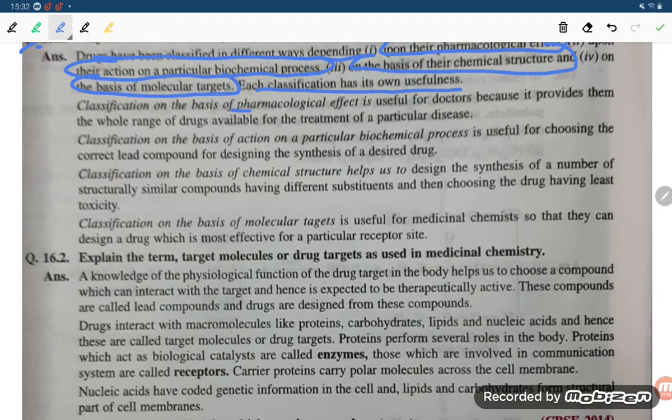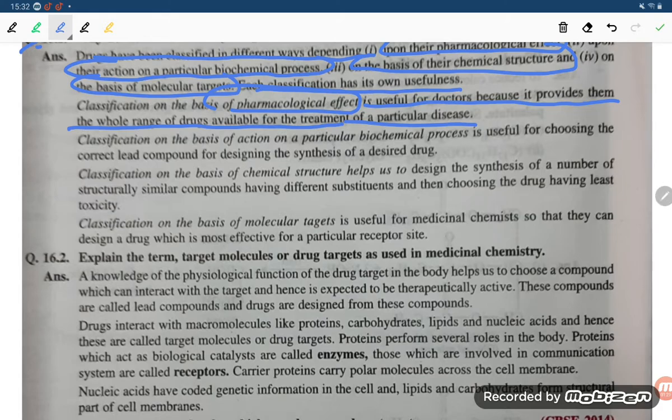The first one, on the basis of pharmacological effect, is useful for the doctor because it provides them the whole range of drugs available for the treatment of a particular disease. So pharmacological classification gives the whole range of drugs, meaning that for a particular class all the available drugs are listed.